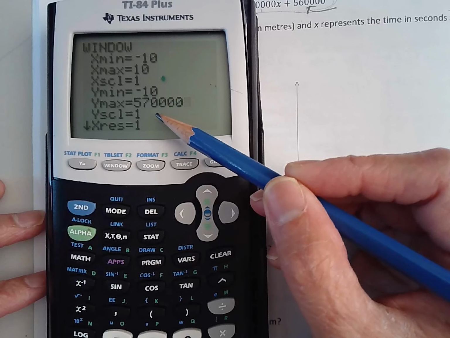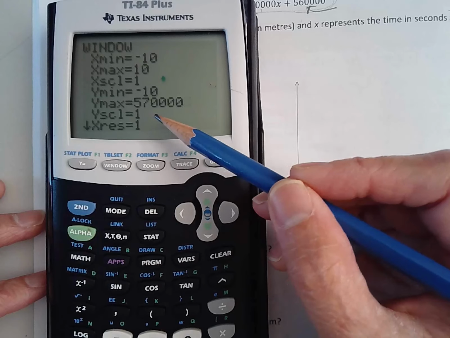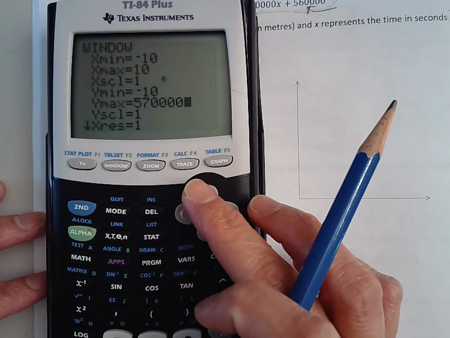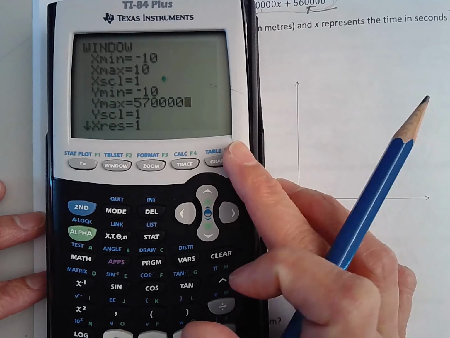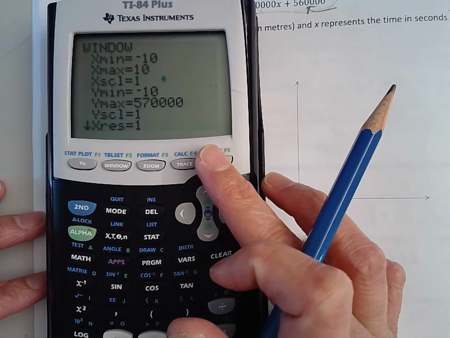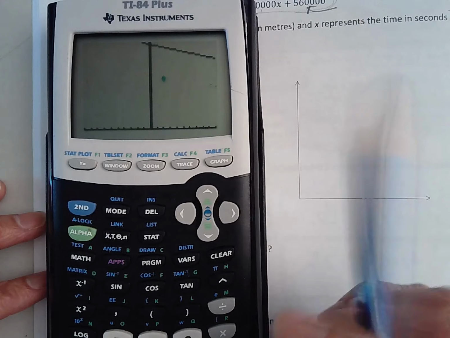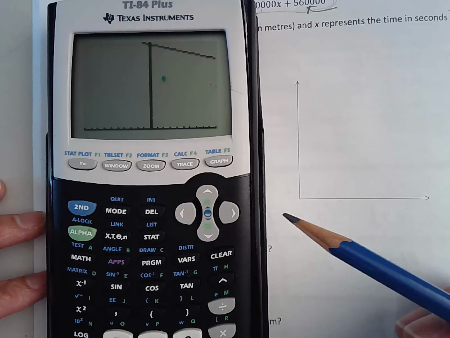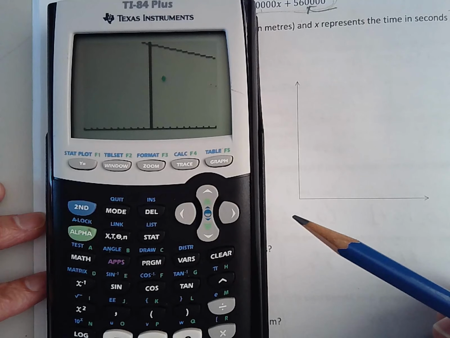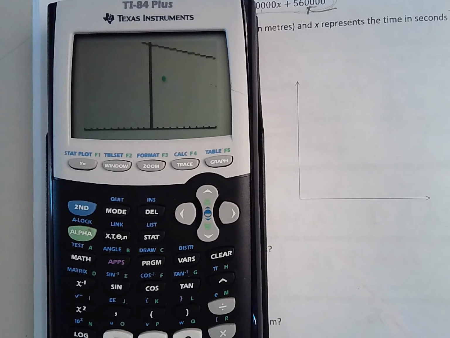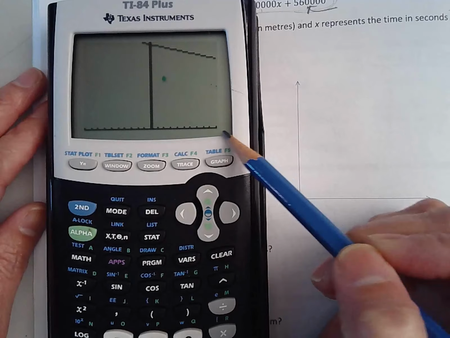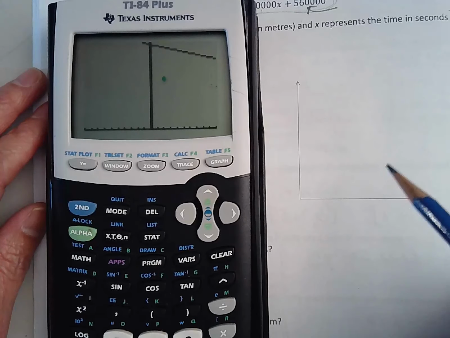So far, so good. Now let's press graph. You see only that piece. What else do we need to change so we can see the entire graph? X max, right? Because it's eventually going to go down.